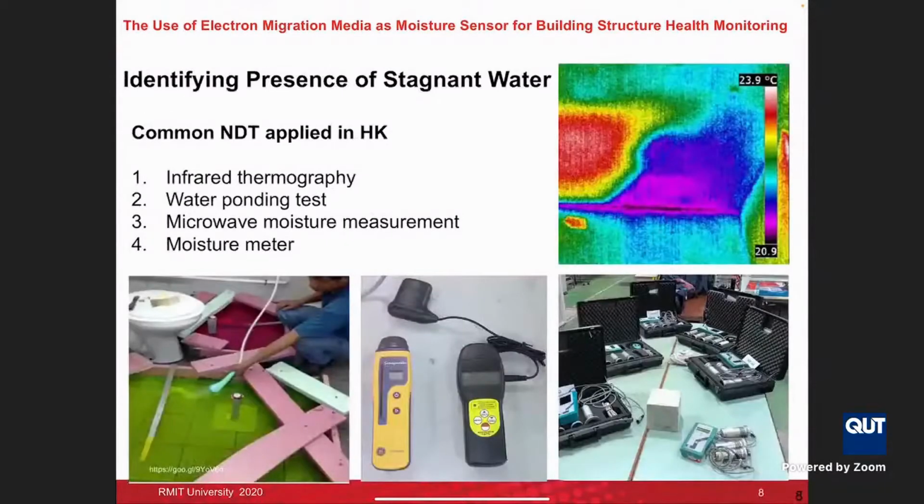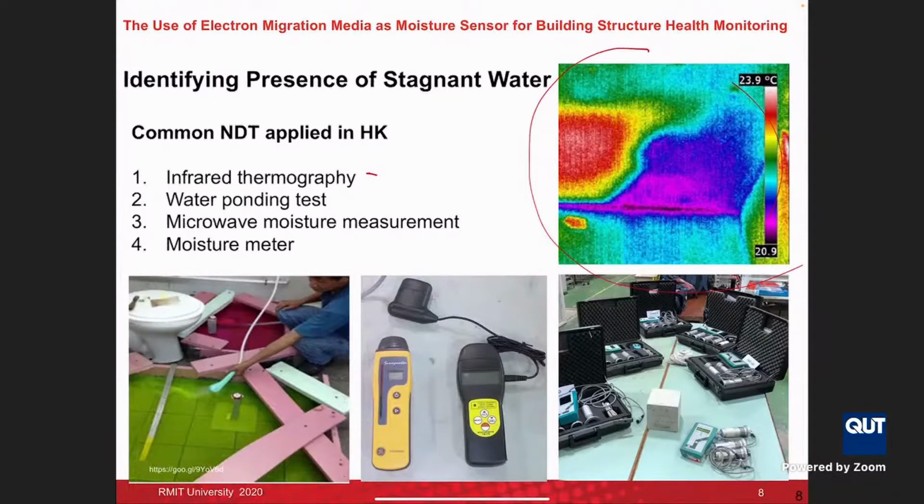So here I summarize some methods we currently use to determine the presence of water in reinforced concrete. First of all, we have infrared thermography, and on the right-hand side, a water ponding test. Let me give more details about the water ponding test we've done in Hong Kong.